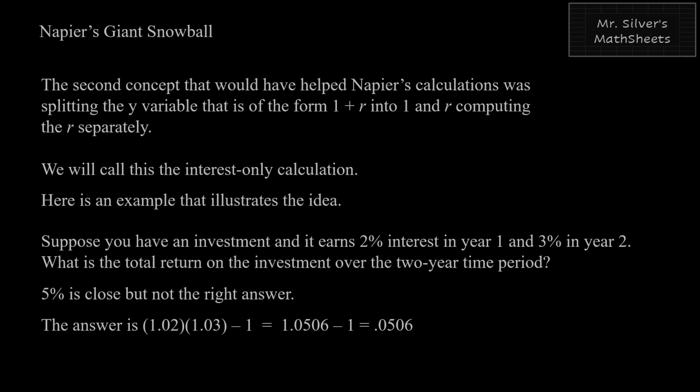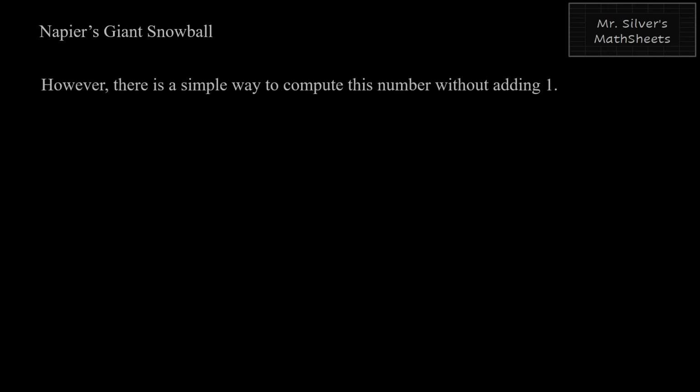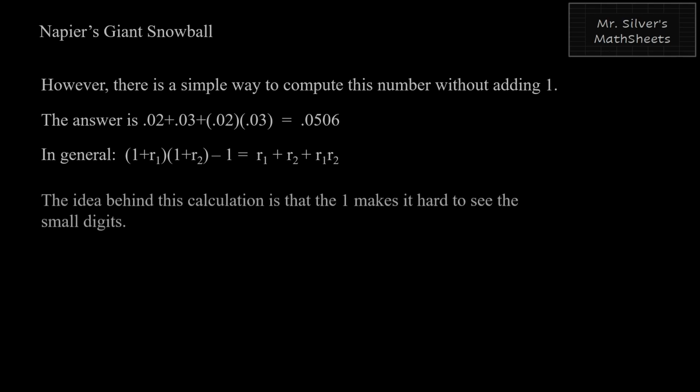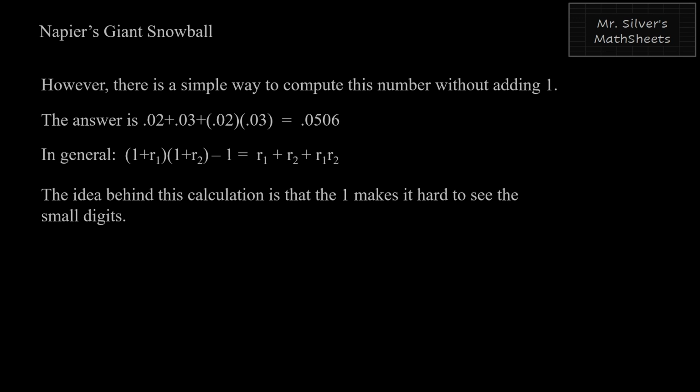But there's another way we could have calculated that. We didn't have to add and subtract 1. We could have just added 2%, 3%, and then the product of 2% and 3%. In general, it's R1 plus R2 plus the product of R1 times R2. That's the interest-only calculation.